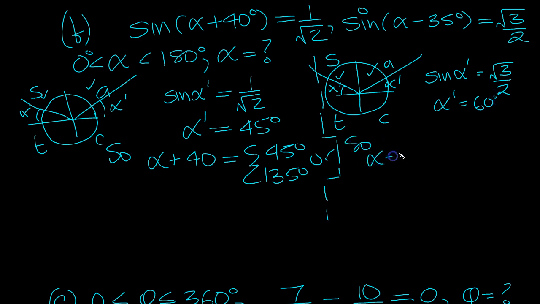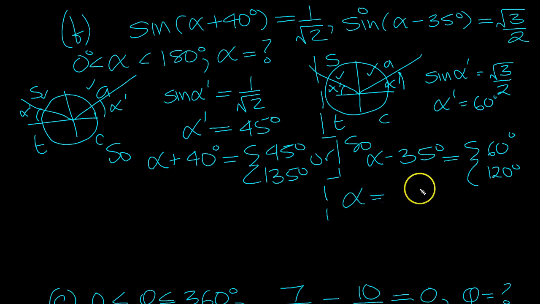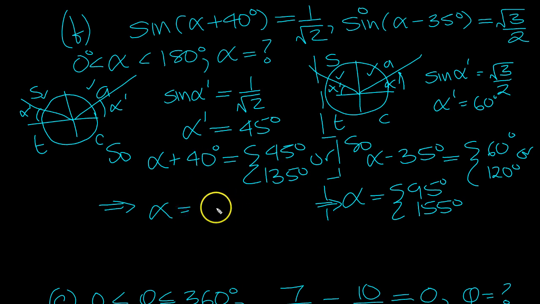So alpha minus 35 then must equal either 60 degrees or around to 180 back 60, which is 120 degrees. So this one tells us alpha is equal to 95 or 155. That's what that implies. This implies alpha is equal to 5 or 95 degrees.